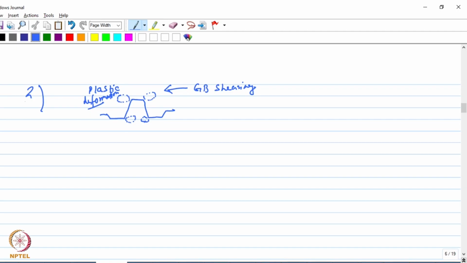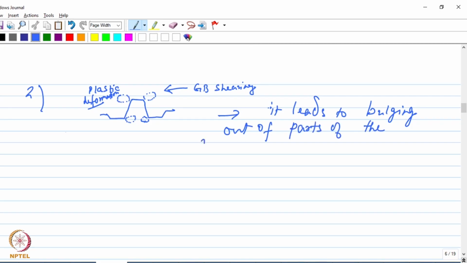Right, so this kind of corrugation or serrations will be developed as the strain gradient across the boundaries increases, and finally it will lead to formation of the bulge. So that's the next stage.